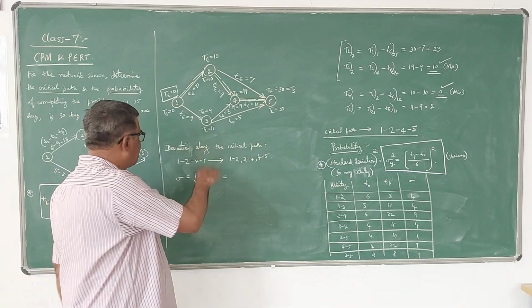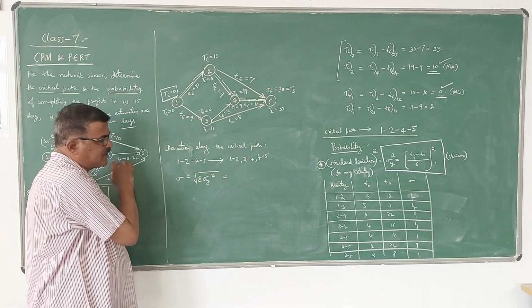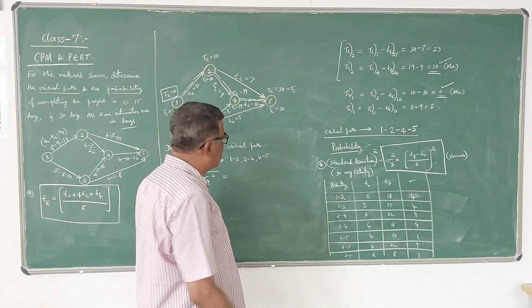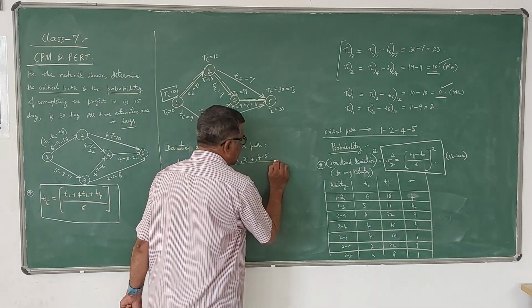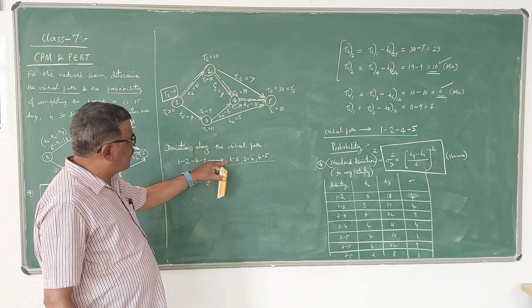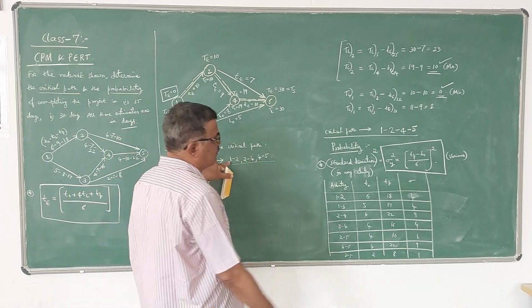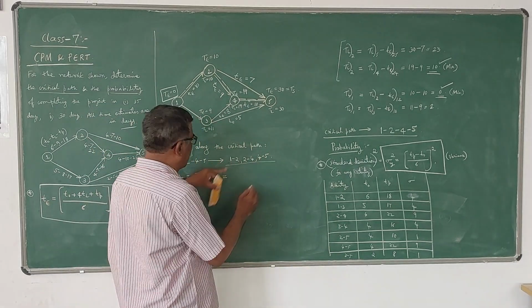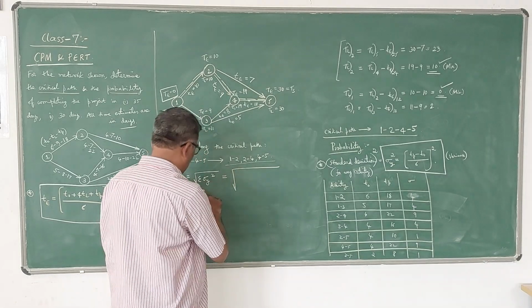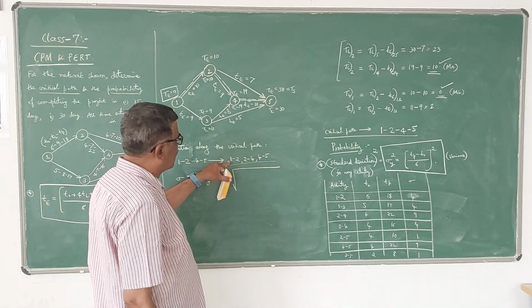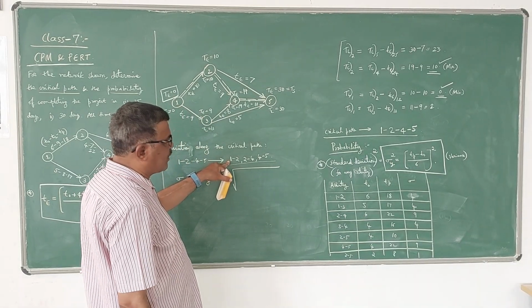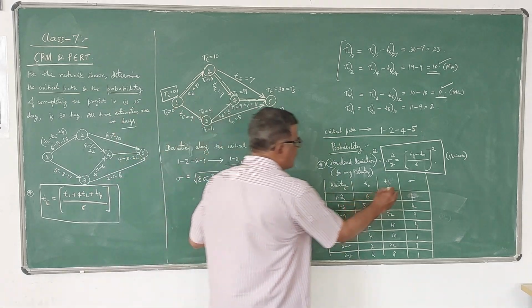Now for the critical path we take the standard deviation as sigma. There are 3 activities in the critical path, so we take the sigma y square values for these 3 and add them.